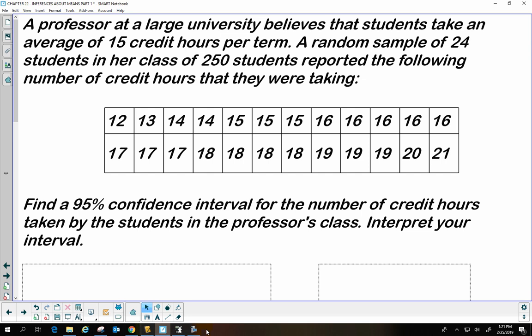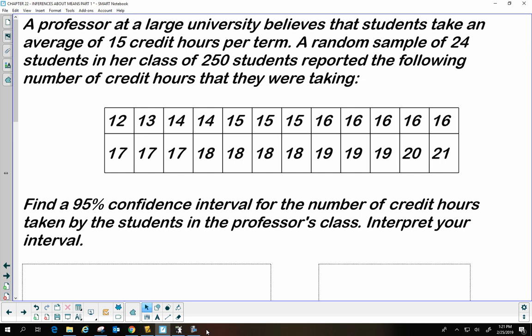We have a professor who has randomly sampled 24 of her 250 students, and she wants to find a confidence interval for the number of credit hours that her entire student population takes.